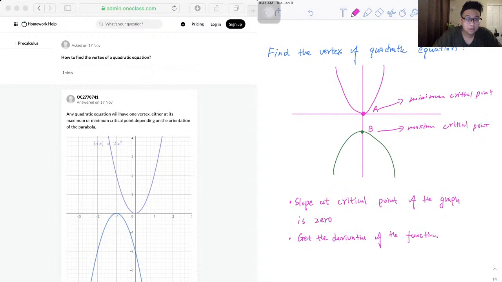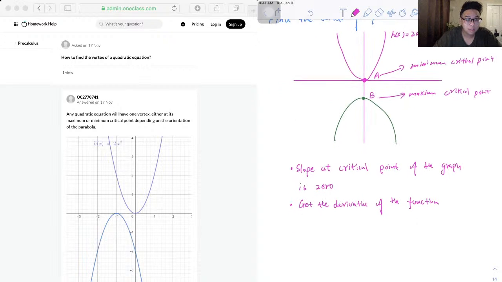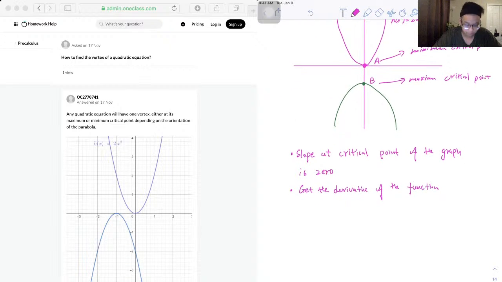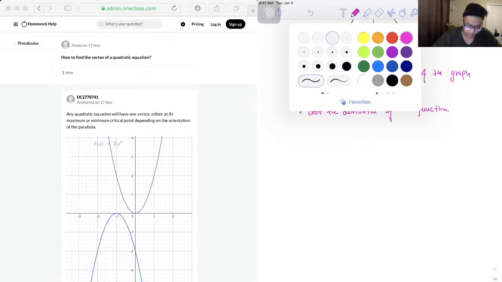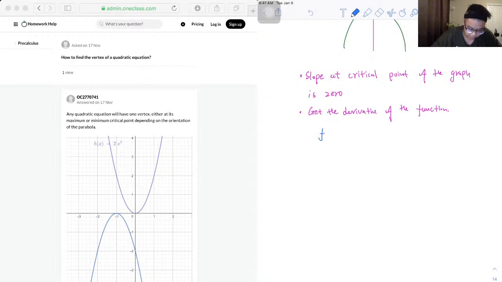And let's just call the pink one with the function f(x) is equal to 2x squared. So now we have our f(x) equal to 2x squared, and we need to take the derivative of f(x). We just need to take the derivative of 2x squared.